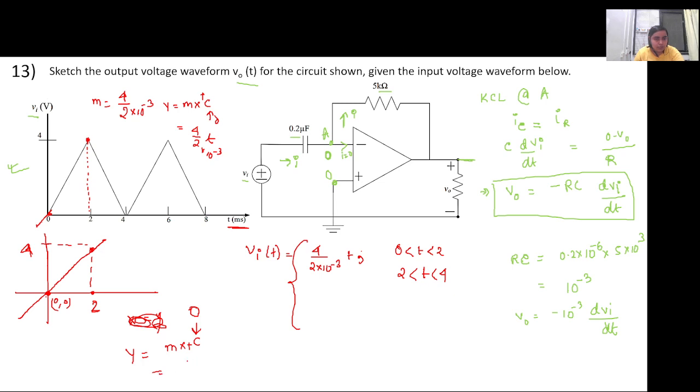Slope is del y over del x, del y is 4 and del x is 2, but this is in millisecond. So this will be 2 into 10 to the power minus 3, to balance the unit. And here x is actually t. In the x-axis we have time. Is this fine?